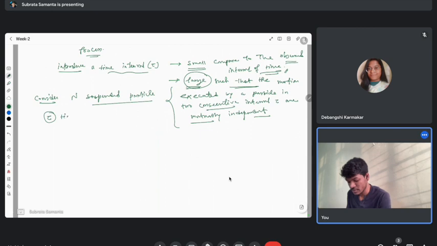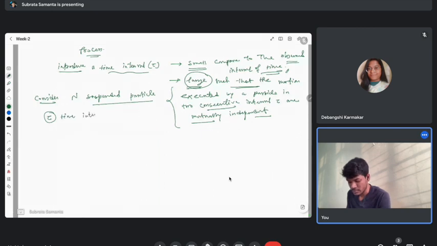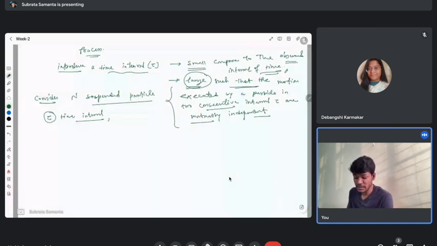In each tau time interval, let's say the x coordinate of the particle increases by the amount delta. This delta can be positive or negative, since the particle can move in either direction in one dimension.